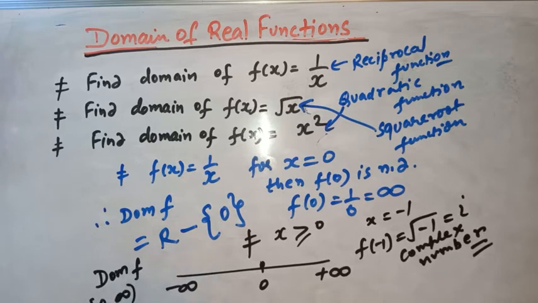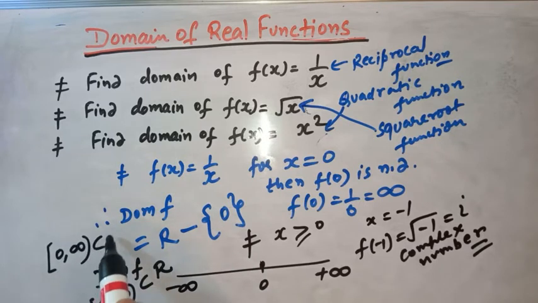And here 0 is also included, so we have put this sign of interval. So this is closed from this side at 0. Clear? So the domain is 0 to infinity, and which is a subset of the set of real numbers. Here I am writing it. So the domain is 0 to infinity, and it is a subset of R. Clear?